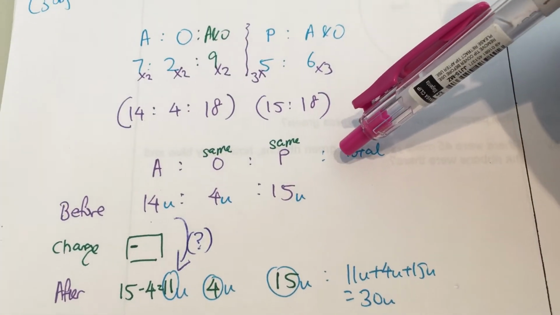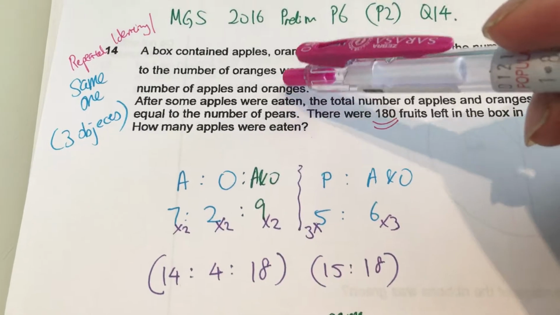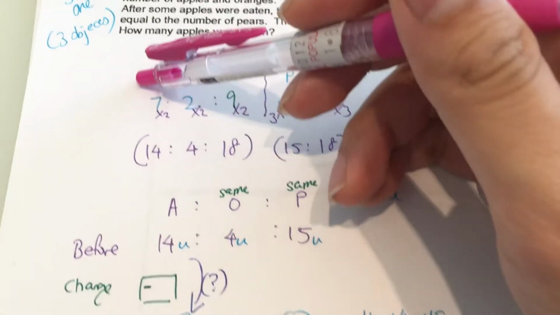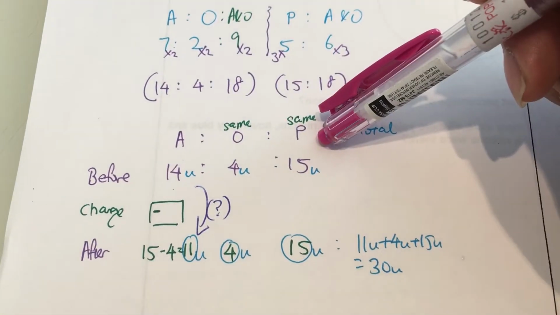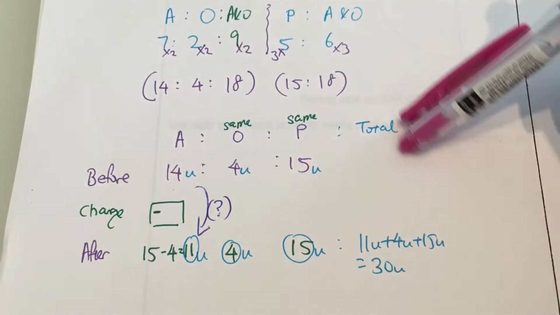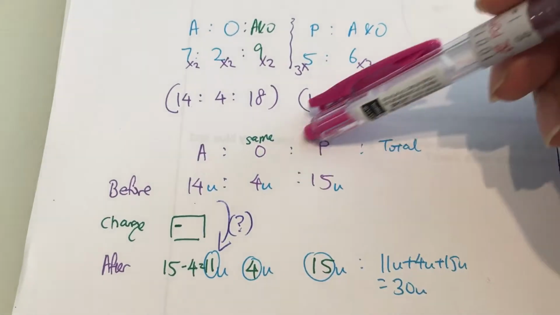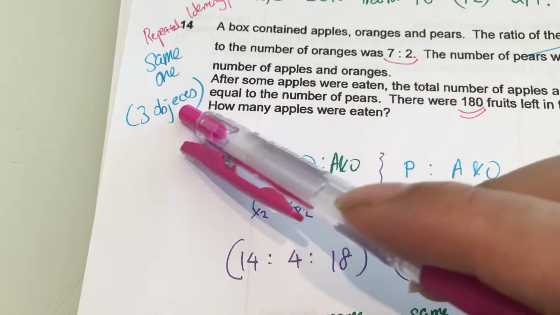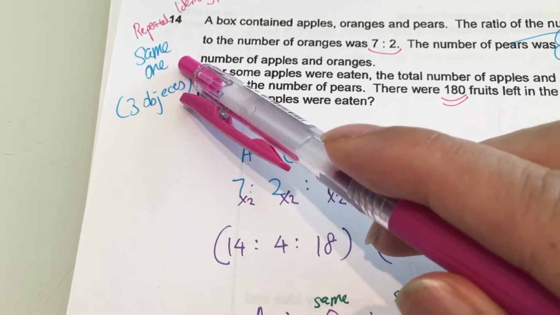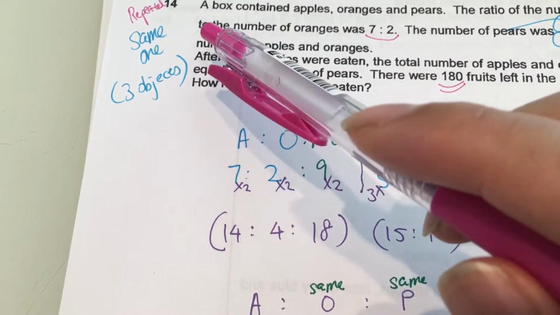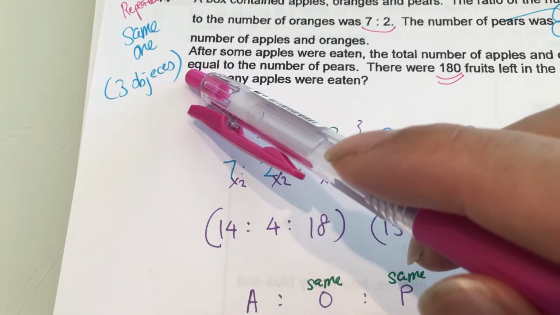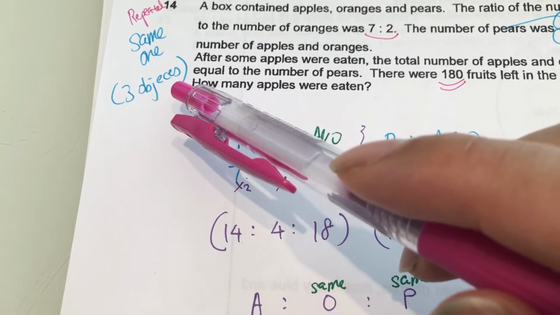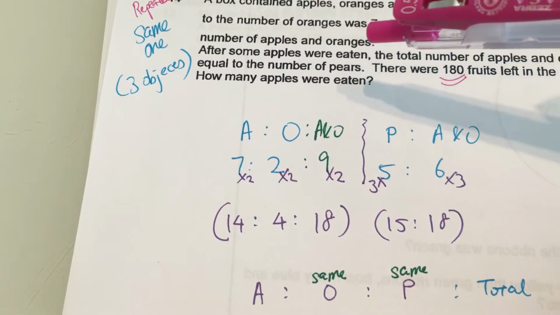In fact, there's only change for the apples and no change for the oranges and the pears. So this concept here will be same one, and the interesting thing about here is same one concept for 3 objects, because normally for same one we only see 2 subjects or 2 identities.